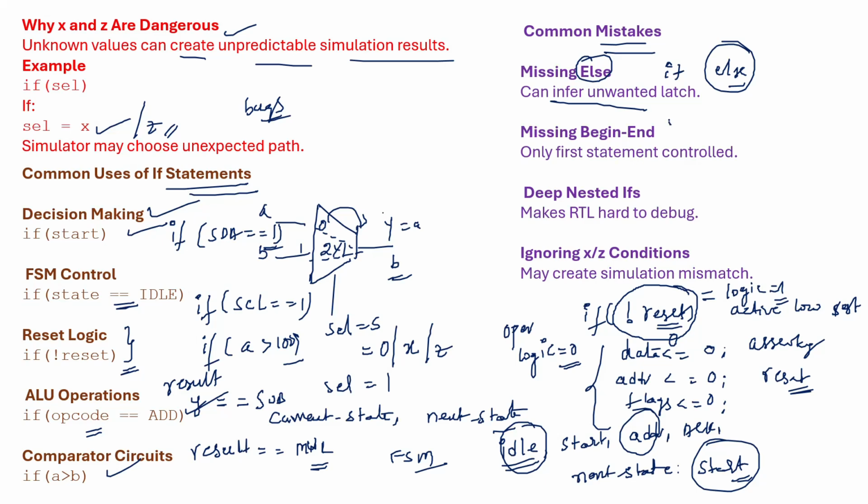And then begin end. If you are going for multiple statements in an if else condition, like if a greater than b, then in between the begin and end you use multiple statements.